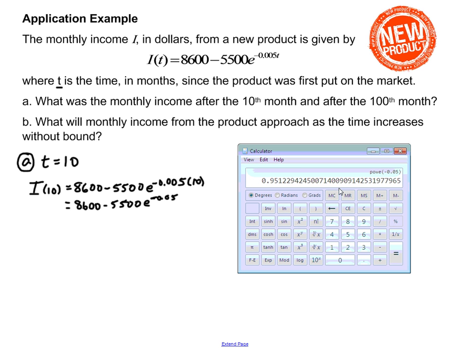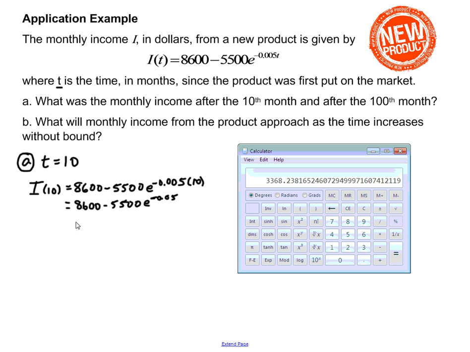This is like saying e to the negative 0.05, so we need to multiply this times 5,500. And we're going to subtract this result from 8,600, so I'm going to take the negative of it and add that to 8,600 to give me my result.